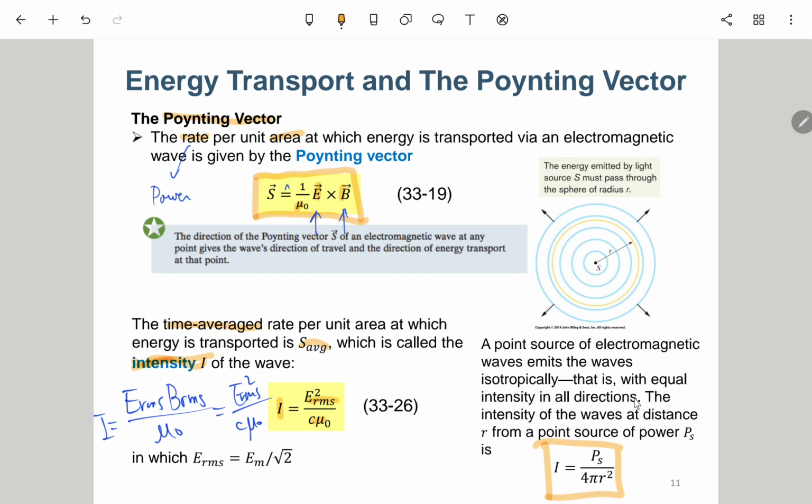Here we assume that the energy emitted by the light source S must pass through a sphere of radius r.